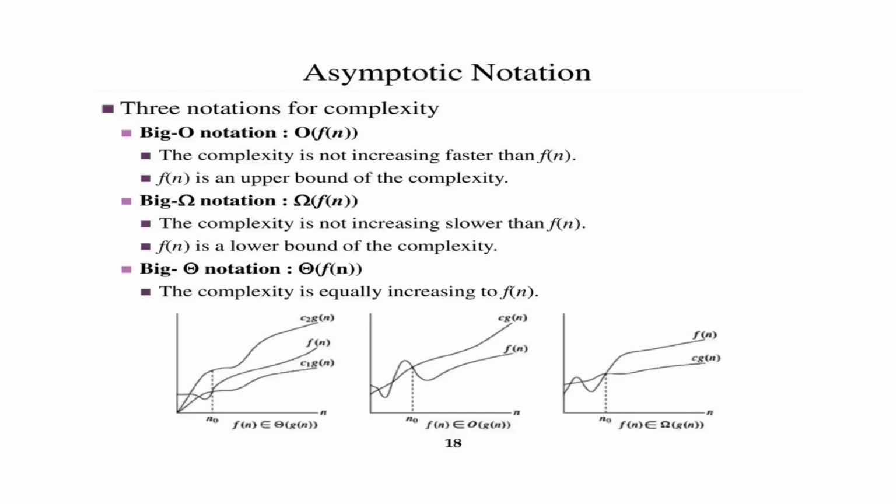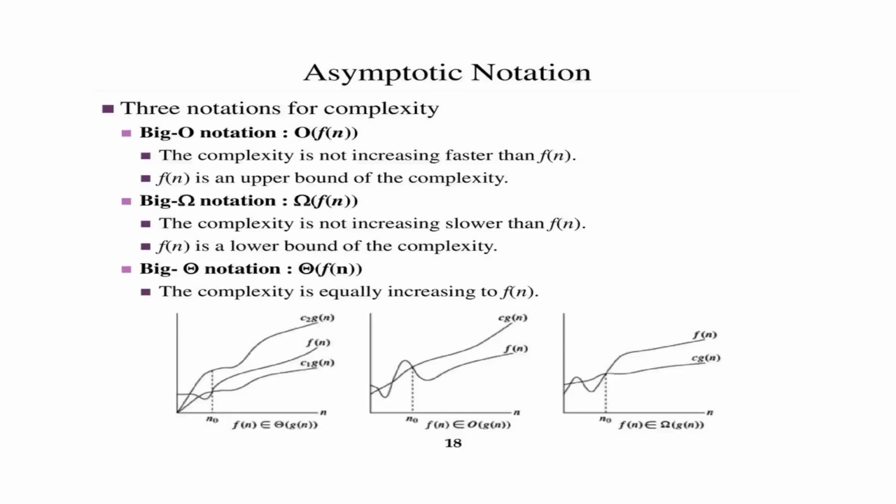In big omega notation, the time complexity is not increasing slower than f of n, so it is calculated for the lower bound of complexity. And theta notation is usually used for average time complexity, so the complexity is increasing equally to f of n.